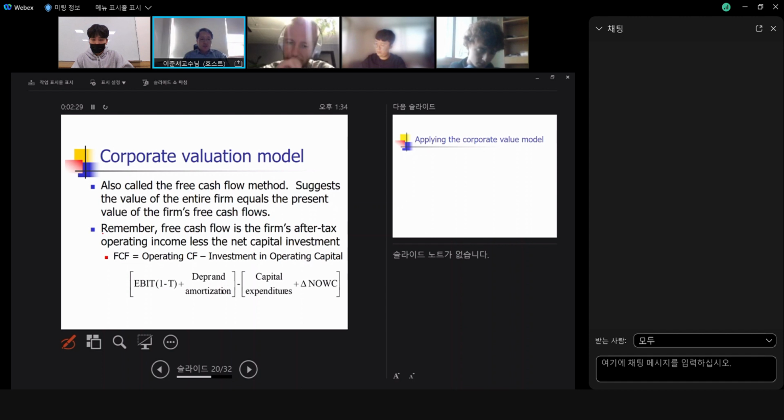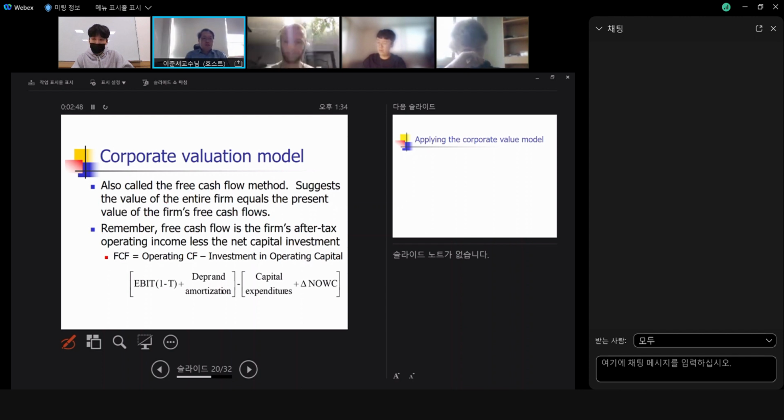It's better to understand the whole procedure, but it's okay to understand just the basic frame to reach the final answer. Okay, so in the last class we stopped here.